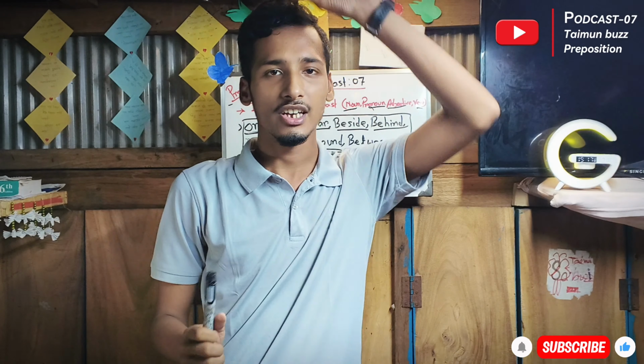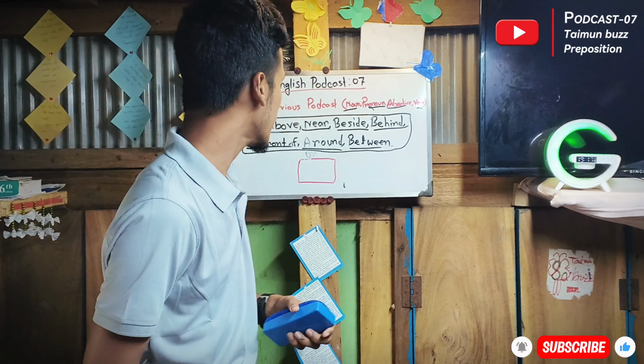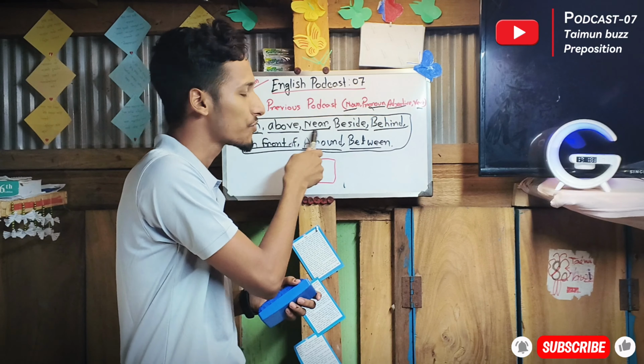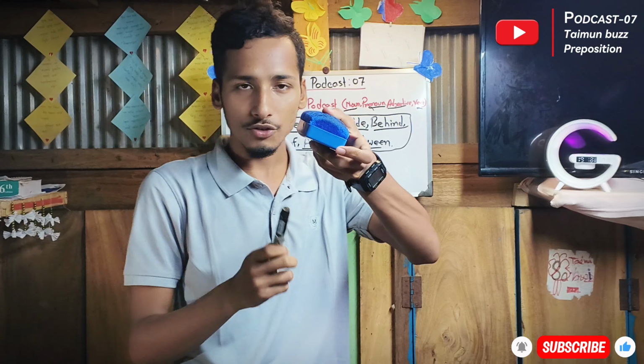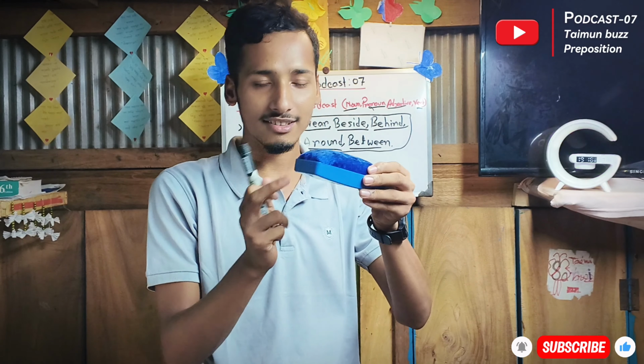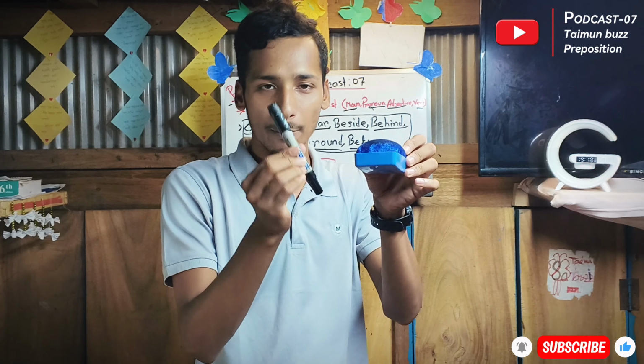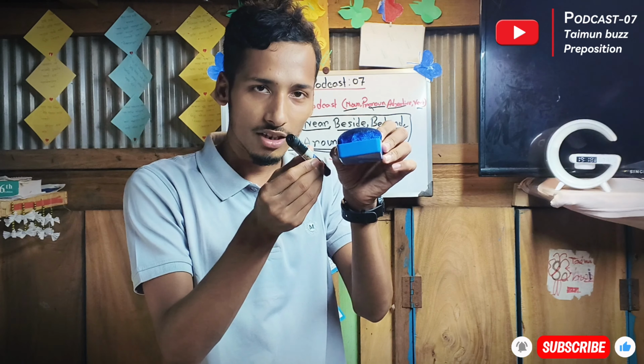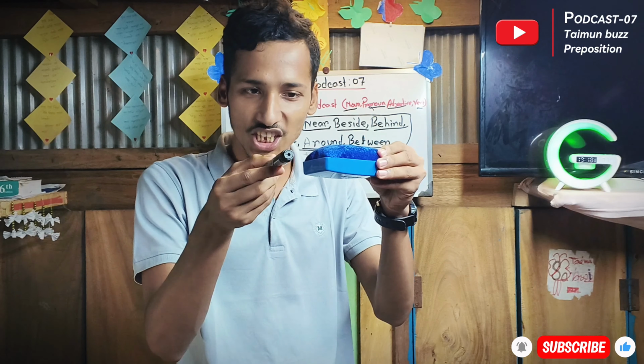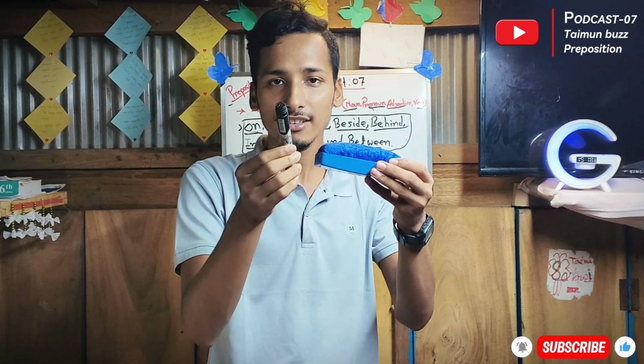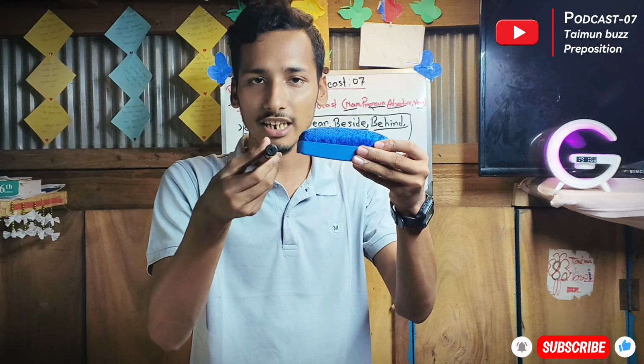Then our preposition is near. Suppose it is a duster. Now the pen is near the duster. It is not touching. It is near. So the marker is near the duster.